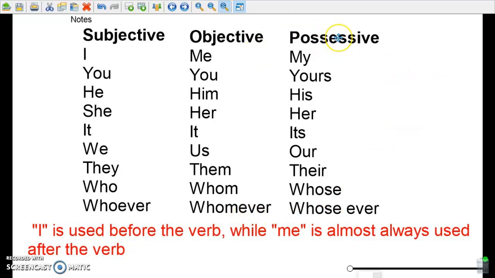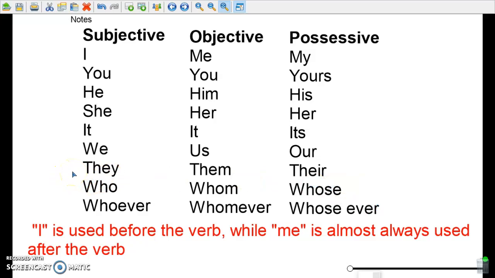Possessive, once again showing that it belongs to someone, would be my, yours, his, her, its, our, their, whose, and whosever. Yes, you have to copy all of these. Yes, you need to keep them. It's a helpful list to help you.